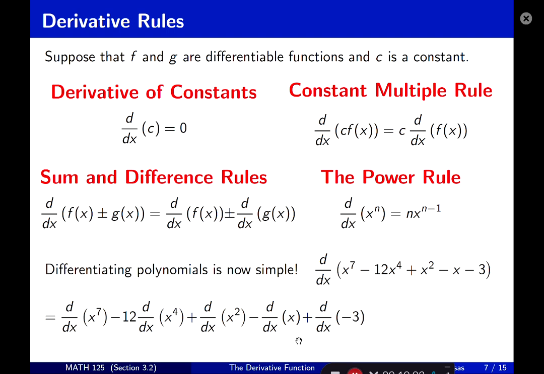Then what I need to do is a power rule here, another power rule here, another power rule here, and then this is the derivative of a constant, which is 0. And so that's what we do.